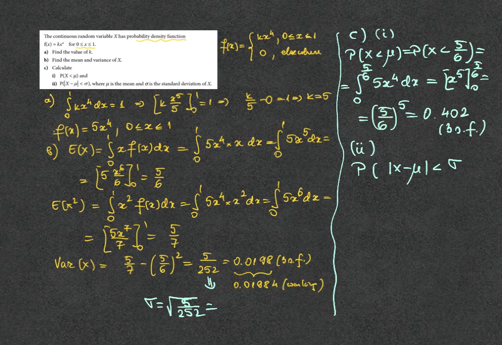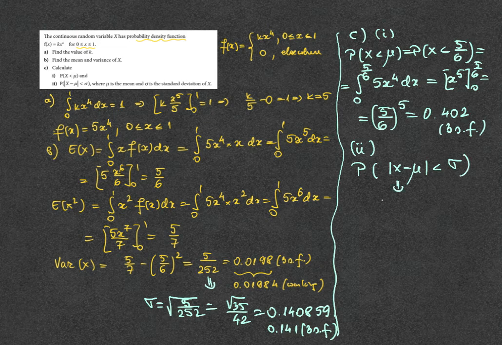So my calculator gives me square root of 35 over 42, or as a decimal, 0.140859. So it's going to be 0.141 to 3 significant figures, but because I'm using it in a subsequent answer, I'm going to take more decimal places.